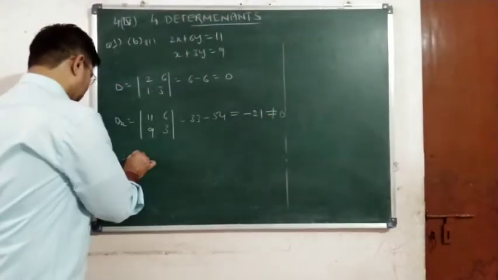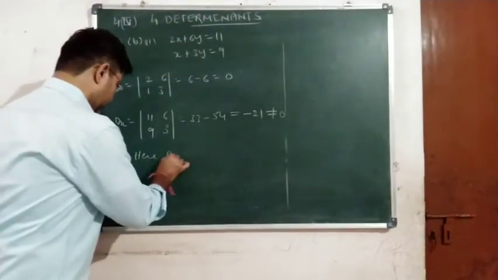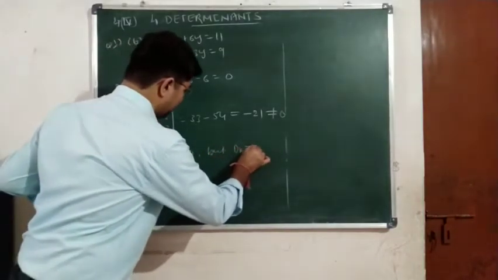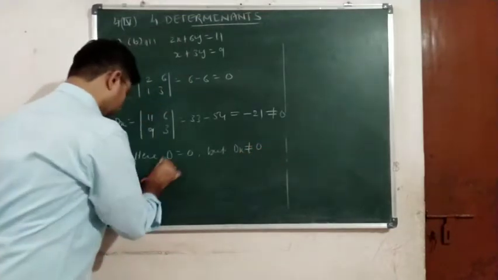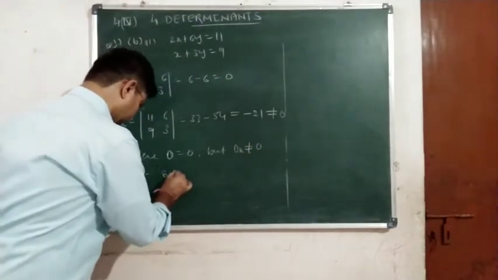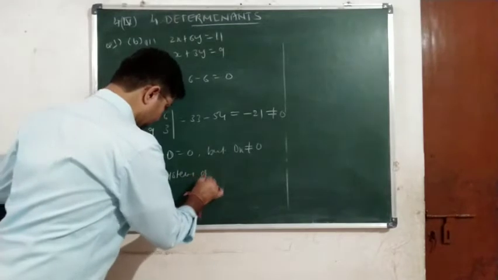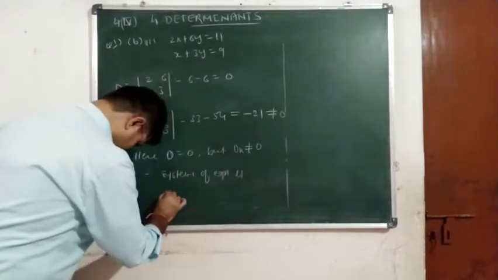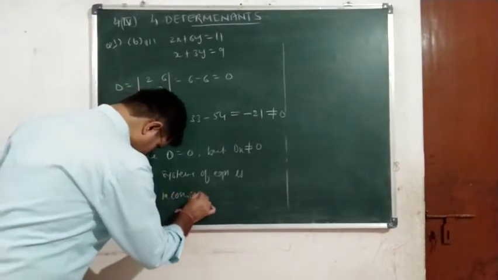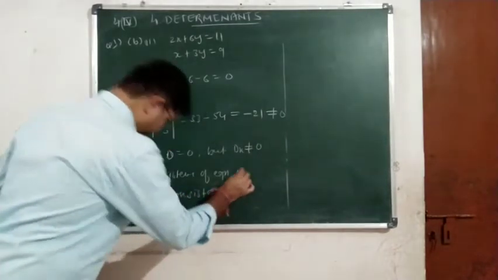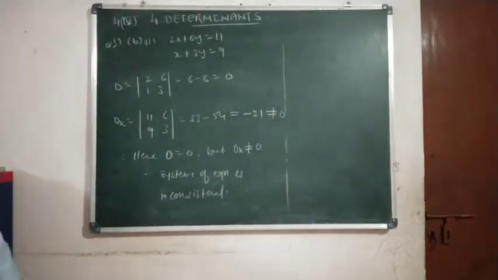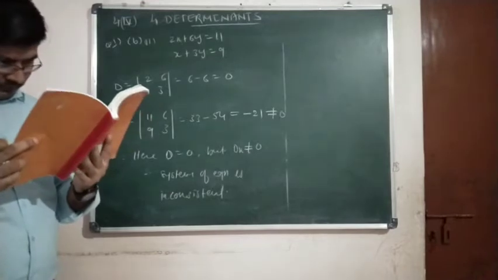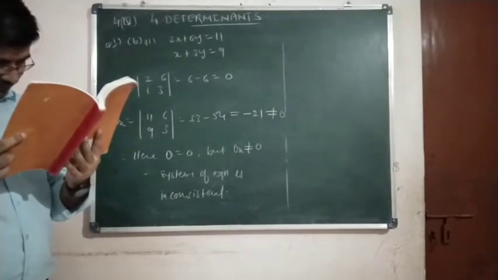And therefore we will write down here d is equal to 0, but dx is not equal to 0, and therefore the system of equations is inconsistent. Clear? So part B is over.